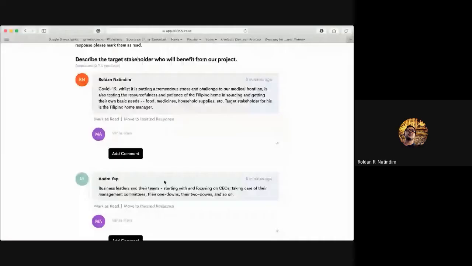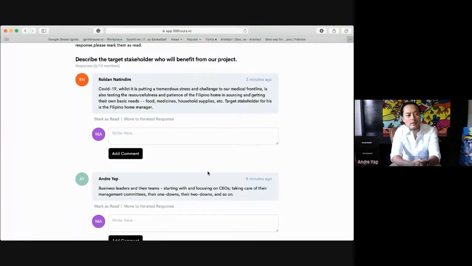What I thought of as my target stakeholder is also the Filipino home, but the context is very targeted to being able to provide a very easy and convenient means for a Filipino home to continue to have access to food, medicine, and all other household items that previously everyone had access to.